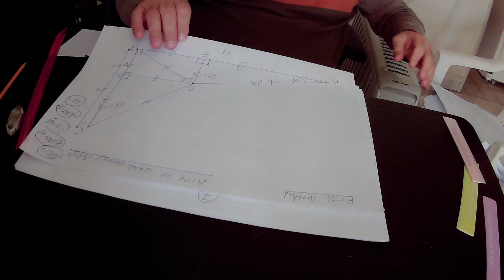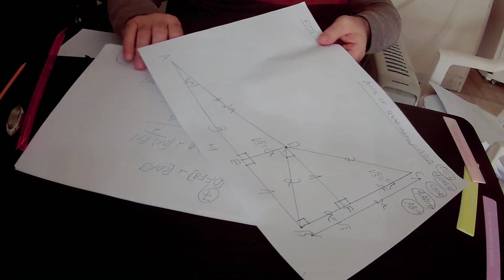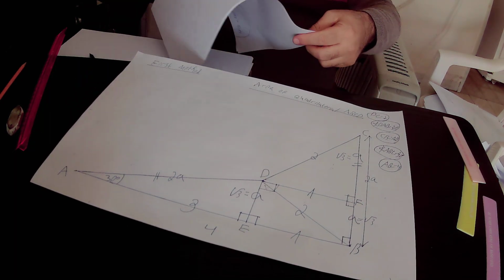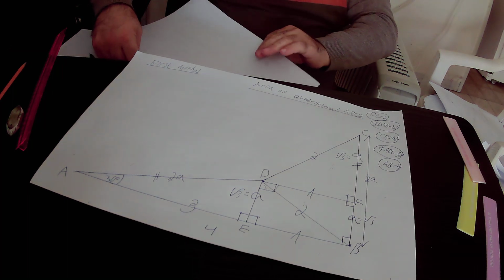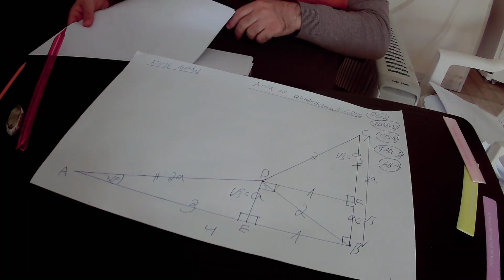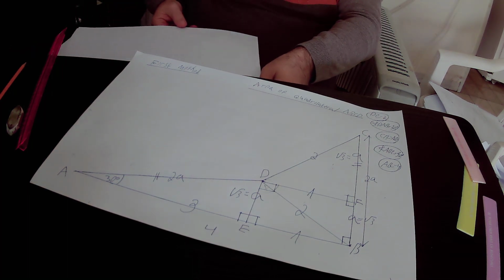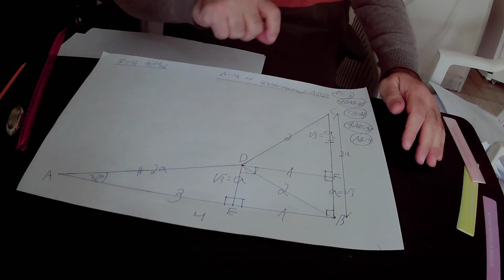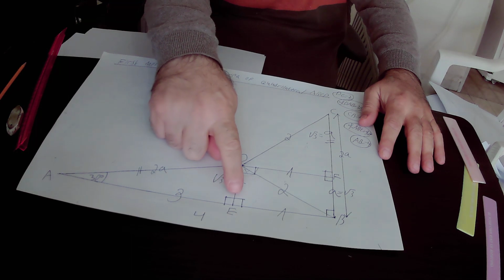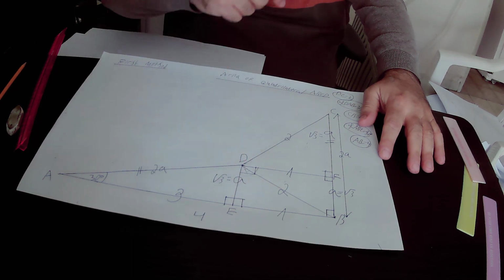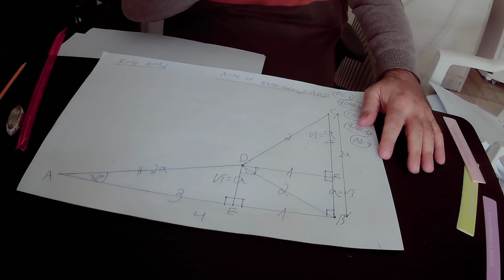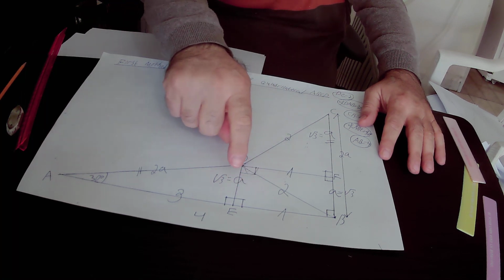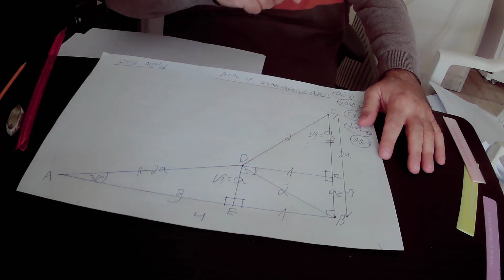In the first method, we make a construction from point D. We do perpendicular to AB. So this again equals 90 degrees, and this again equals 90 degrees. And we define the touching point between the perpendicular from D to AB as point E.